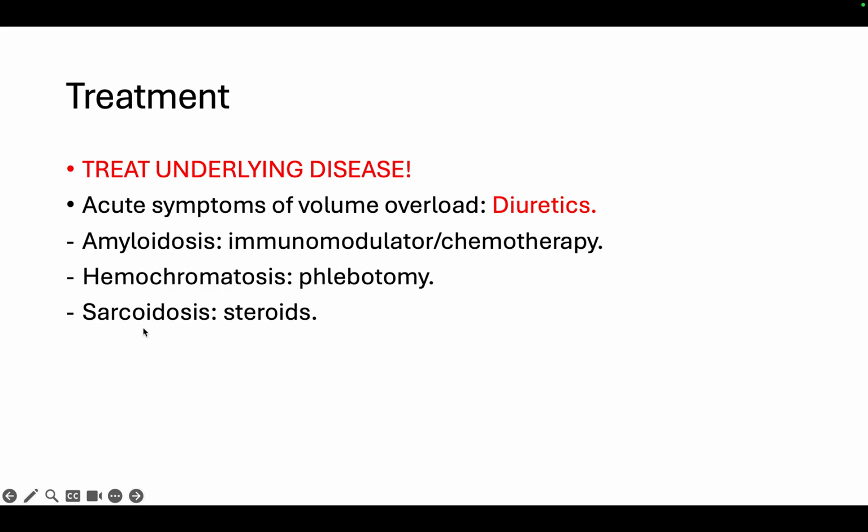Then sarcoidosis, this is a big one, and I could see them asking you about this. Say in your vignette that this person has sarcoidosis and associated restrictive cardiomyopathy, you probably want to give them steroids, right? Because that's the treatment for sarcoidosis. And if you have volume overload, if they're a little bit hypoxic, peripheral edema, stuff like that, you can give them a diuretic to treat that volume overload.